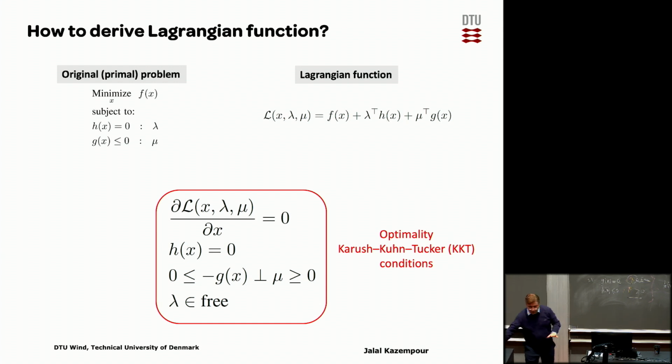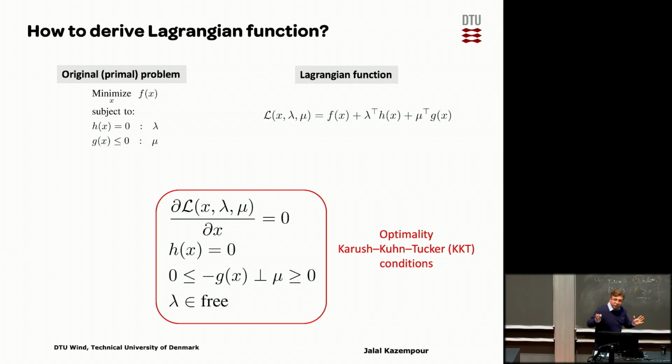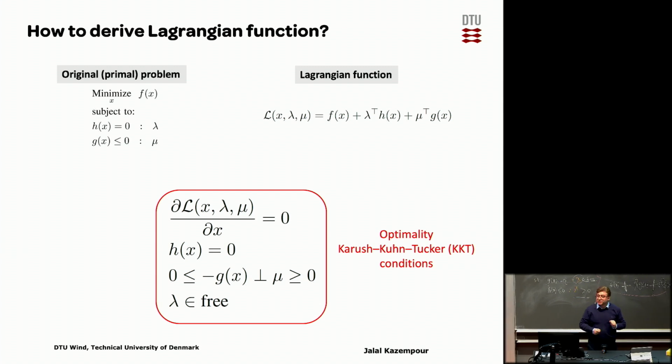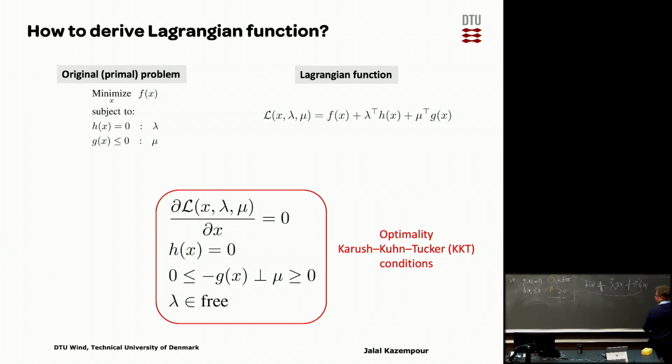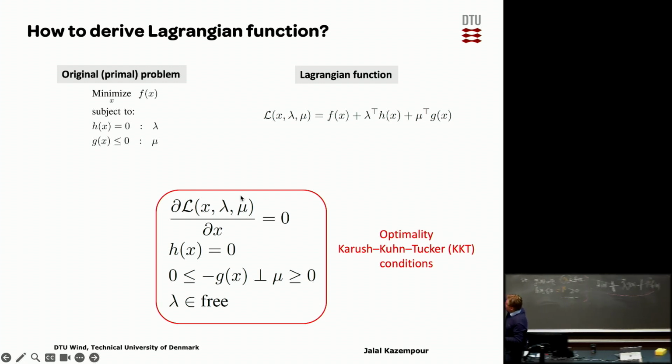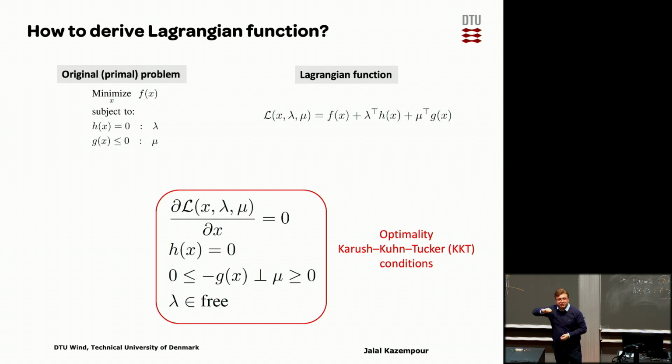So maybe Julia or Python will give you the optimal solution for your optimization, but what you don't see behind the scene is that they solve this system of equations. Clear? So we derive these KKT conditions, a system of equations whose solution gives you the solution of the optimization problem.